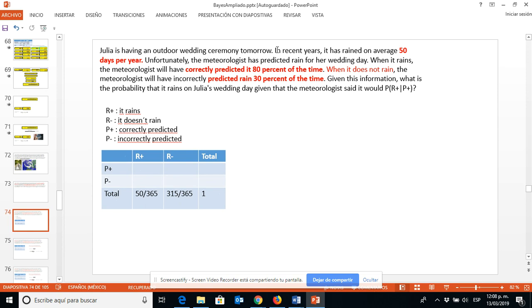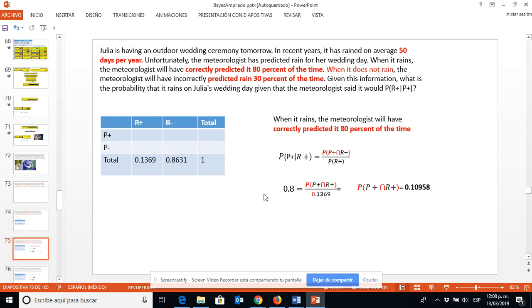With the first statement, it rains on average 50 days per year, we can fill out the total of R plus: 50 divided by 365, and R minus will be the rest. Both sum up to 1. We go to the second statement. When it rains, the meteorologist will have correctly predicted it 80% of the time.